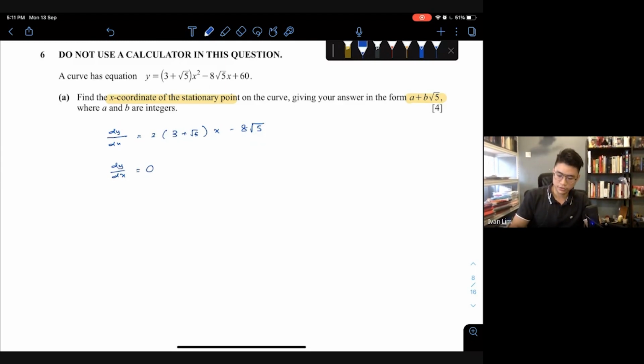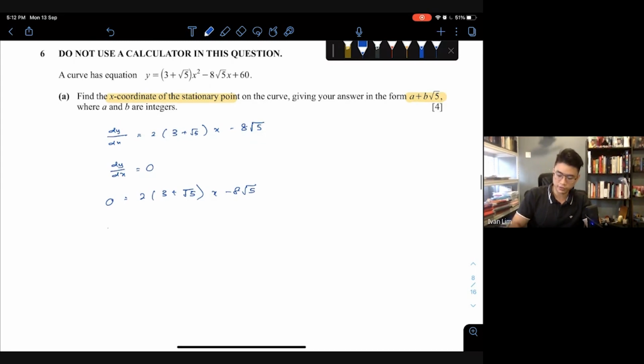Therefore, 0 equals 2 times (3 plus surd 5) x minus 8 surd 5. We shift the 8 surd 5 to the other side, and then divide by 2 times (3 plus surd 5). So x equals 8 surd 5 over 2 times (3 plus surd 5).